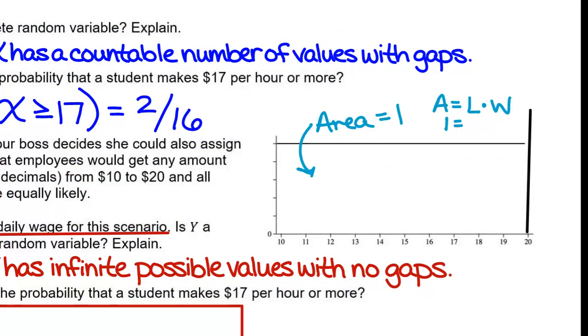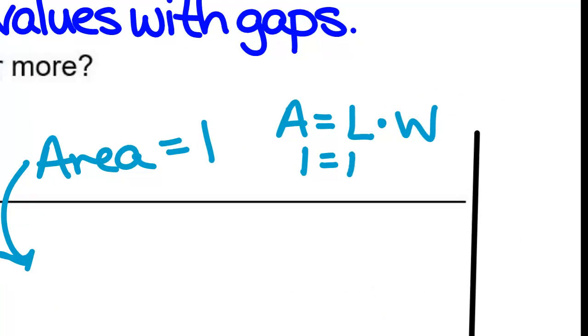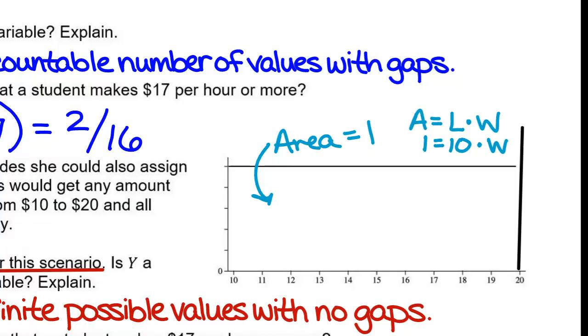Do we know the length of this? It goes from 10 to 20. How long is that? 10, times my width, or I could think of it as height since it's the y-axis. Doesn't make any difference whether I say length times width or length times height. So how high up on the y-axis is this bar? What would I need to do?